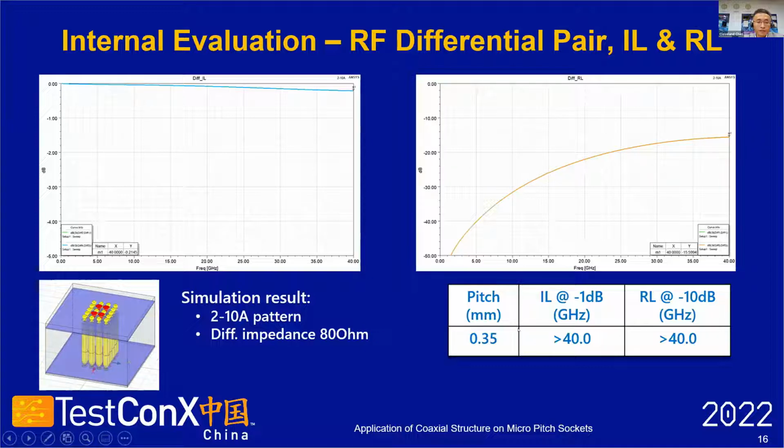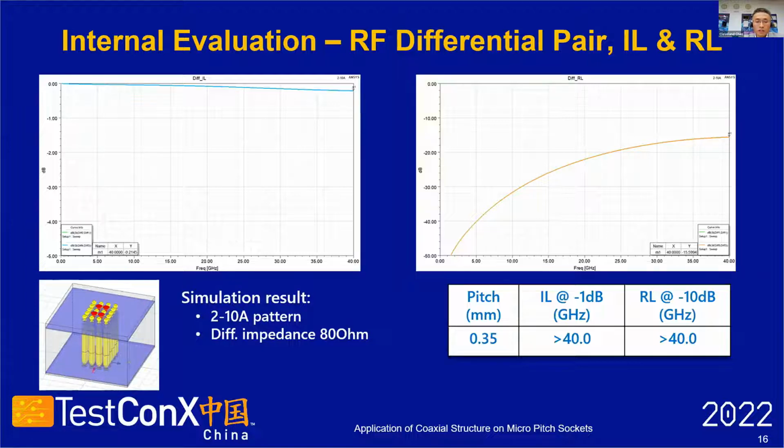The insertion loss is higher than 40 gigahertz at minus 1 dB. Return loss is higher than 40 gigahertz at minus 10 dB. So it shows quite ideal insertion and return loss performance. The actual measurement is still ongoing, so no data is shown here.